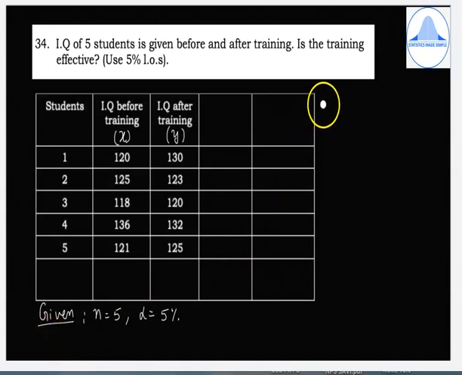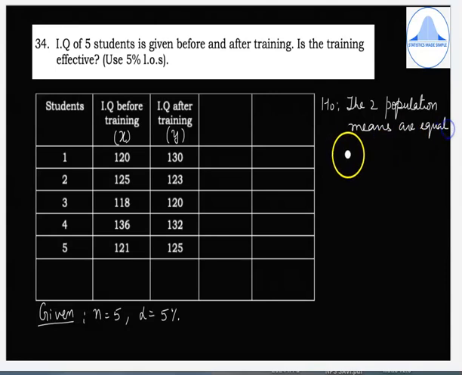I'll write H naught here. So H naught, the two population means are equal. That is mu1 is equal to mu2 versus H1.